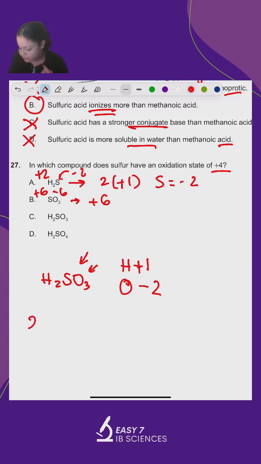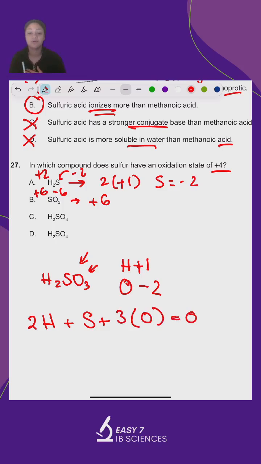So the charge of 2 hydrogens, because it's H2, plus 1 sulfur, plus 3 times oxygen, has to equal 0 because the overall charge on the molecule is 0.